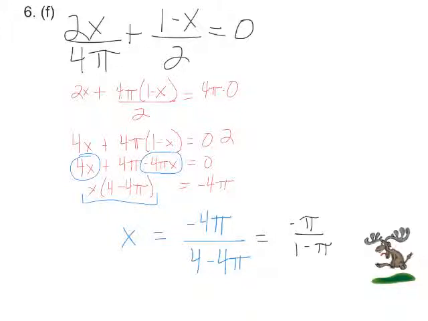So either answer is acceptable. This is the more simplified answer, and you could even simplify that further if you wanted to. Actually, I think that's about as simple as it can get. So let's take a look at the next problem.